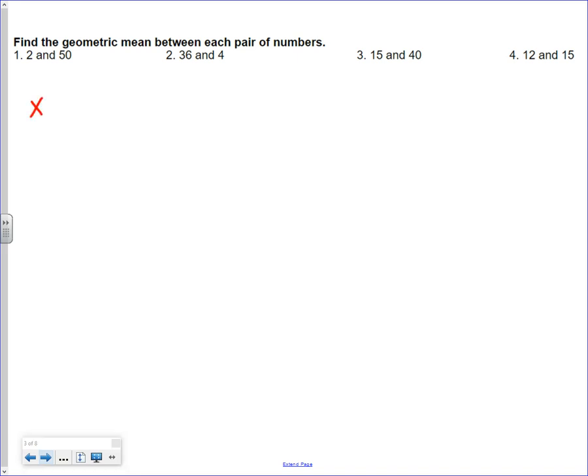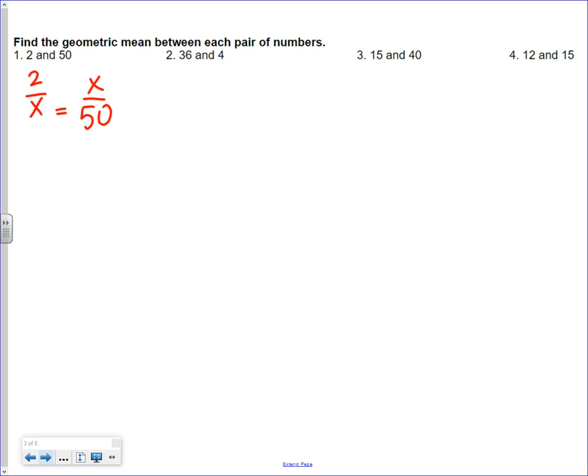So I'm going to say, okay, those are my geometric means. Those are the spots they go in, correct? Aren't those the spots that I had highlighted in green on the last slide? Yup. And then we put the extremes in the other two slots.